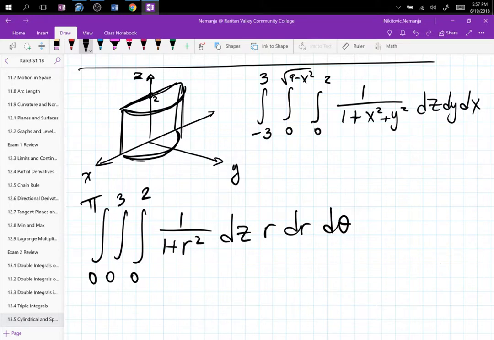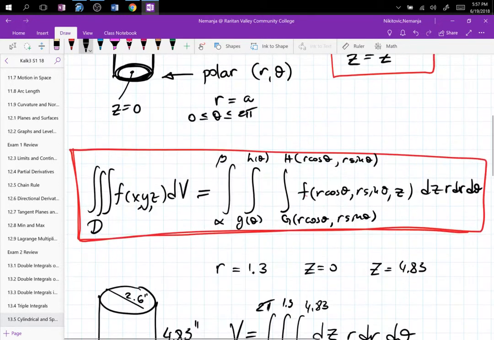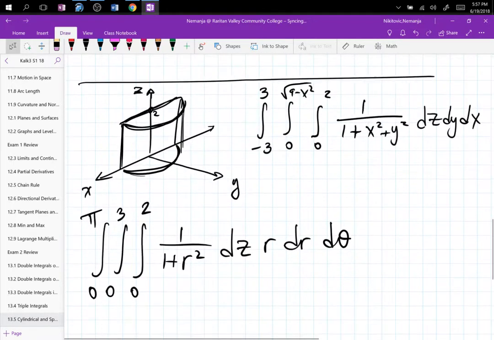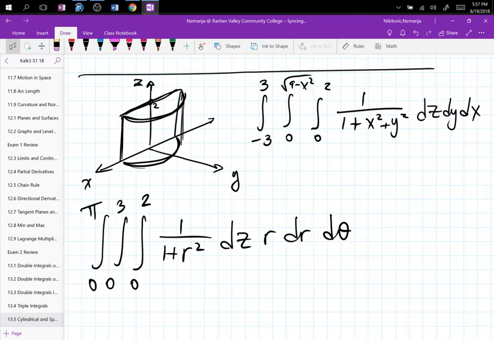If you pay attention to the formula, observe that your f input over there was x, y, z. The output is r cosine, r sine, and z. Those are allowed in cylindrical coordinates: r, theta, and z only. Which is the reason why we had to transform the thing inside.